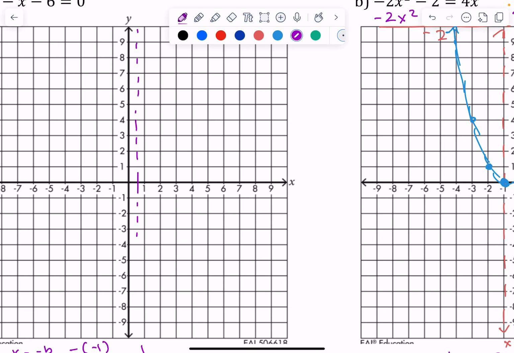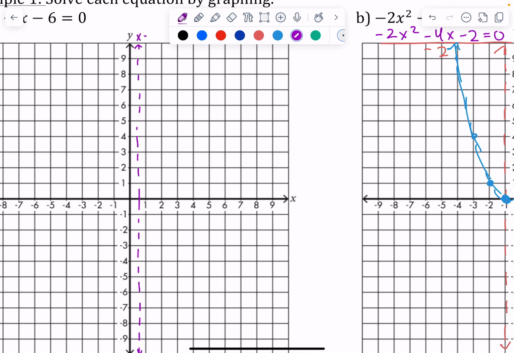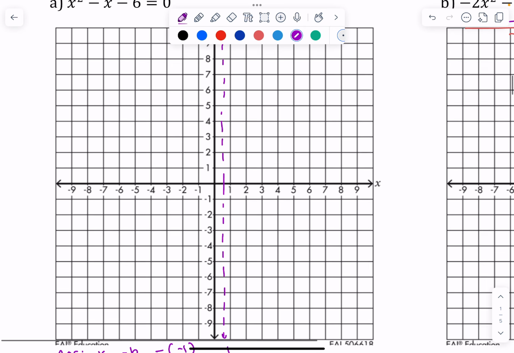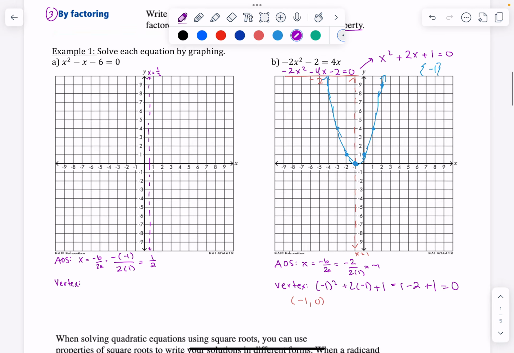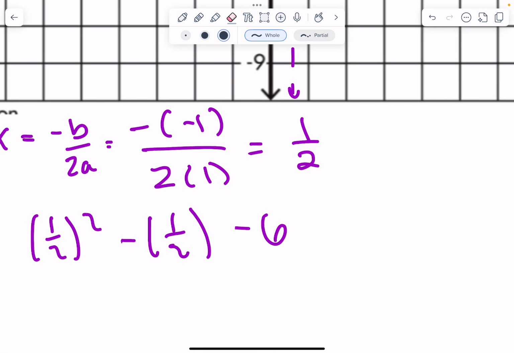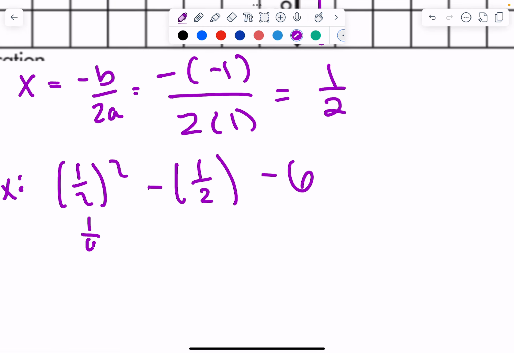but fractions don't scare us, so we're going to continue. Okay, now that I have the axis of symmetry, I can find the vertex by plugging that value into the equation. So that means I'm doing 1/2 squared minus 1/2 minus 6. That's a 2 there. Okay. 1/2 squared is 1/4.